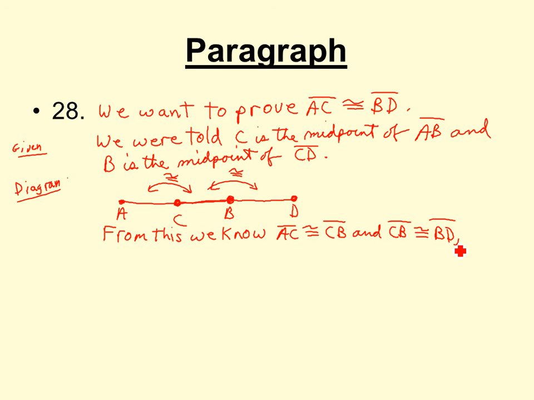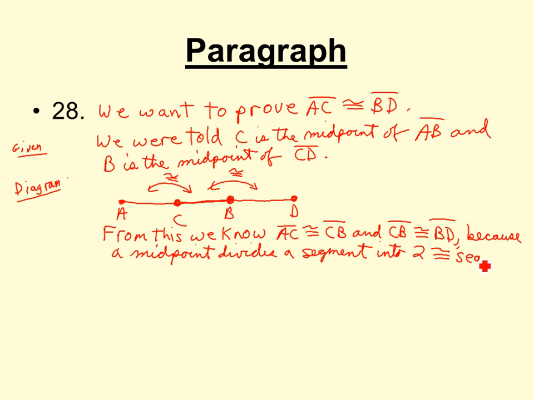You can't just say we know that that's true. I'm going to say because a midpoint divides a segment into two congruent segments. And I should have wrote out congruent probably, but we'll go with that.